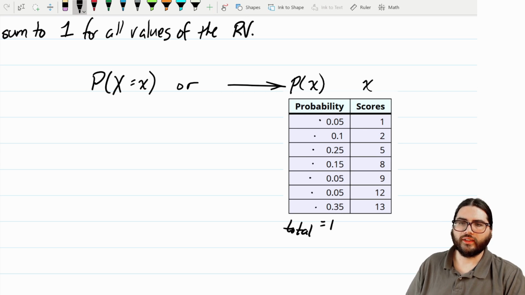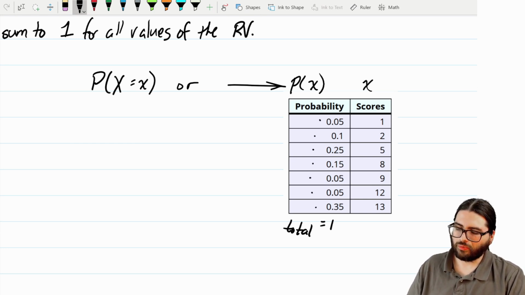I'll always check. Chances are if it doesn't equal 1, you've missed a counting somewhere. You've left one of your outcomes out of the table. But in a pinch, if you have absolutely triple, double, sextuple checked all of your work, and you're sure that all of these are correct, and at least the ratios between them are correct, you can fix them.